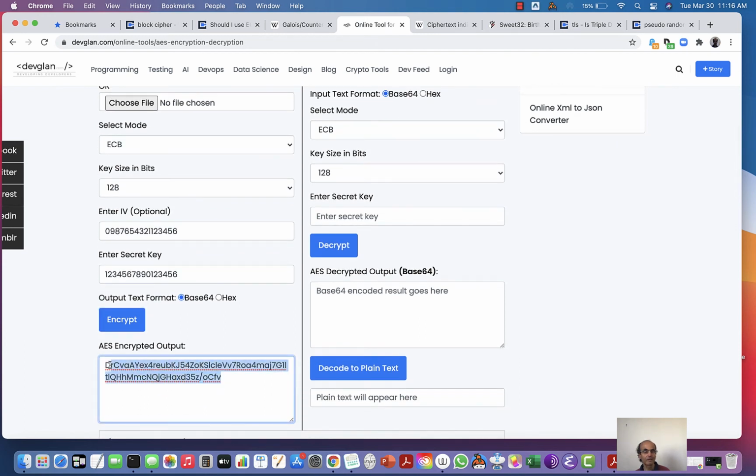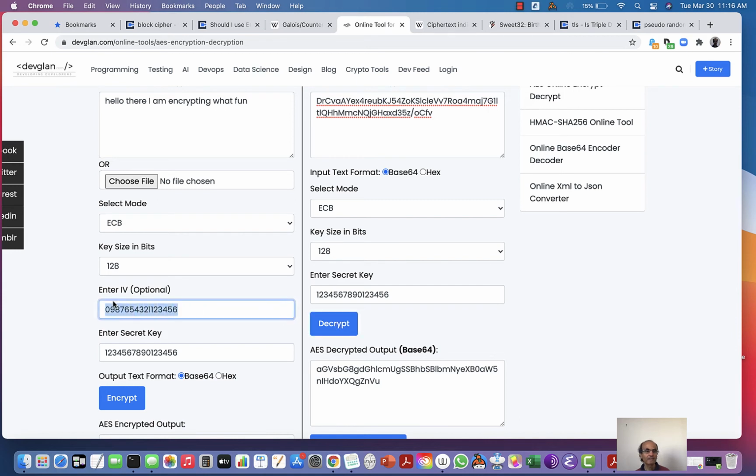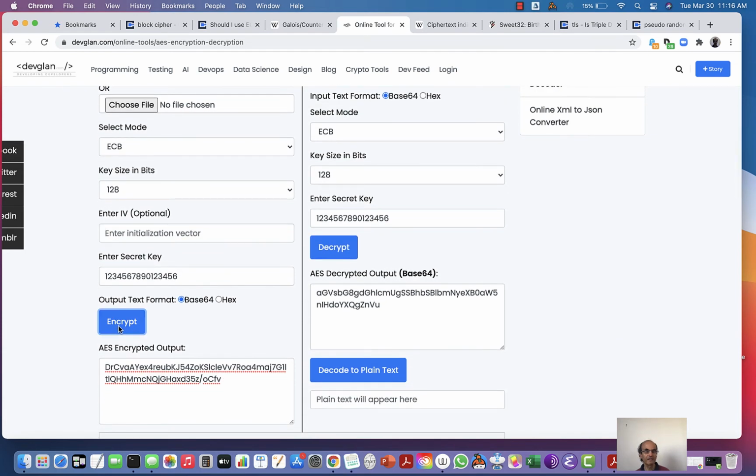Okay, let's see what happens if we try to decrypt that. So enter that as text to decrypt, take the secret key, and decrypt. That did not work. What fun. Okay, I think the reason is I'm using ECB. Why do I have an initialization vector?